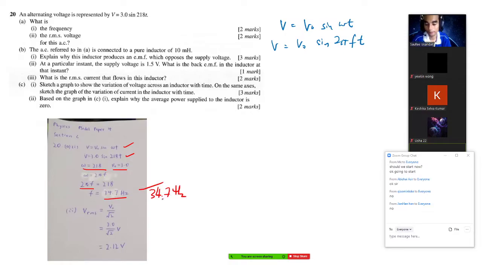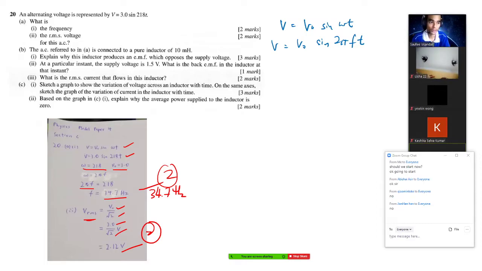This one is correct. So Vrms equals V naught over square root of 2, a very basic equation. So 3.0 divided by square root of 2 gives 2.12. So this one is also correct. So 2 marks over here and 2 marks over there.